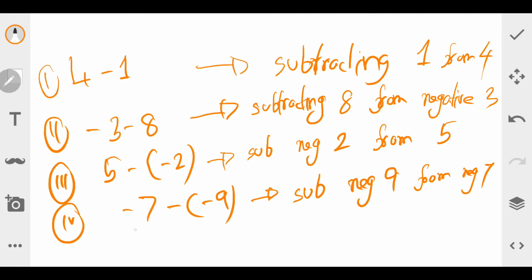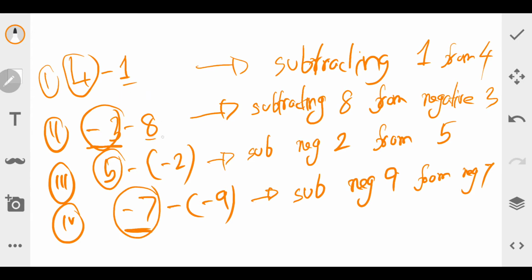Remember, this -7 is not subtracting 7, and we are not subtracting 3. These are your starting amount. Okay, 4, -3, 5, -7, these are your starting amount, and you're subtracting 1, subtracting 8, subtracting -2, and subtracting -9. Okay.